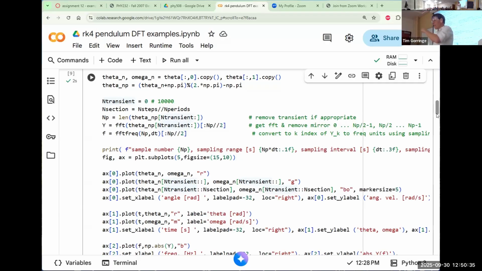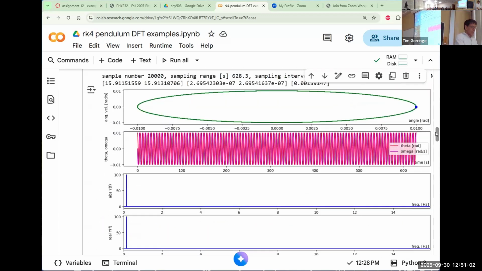You get it by this call to FFT frequency with these two arguments. So I've just done that. Okay, then we're going to plot a handful of plots. And rather than walk through the text, let's just see the plots.